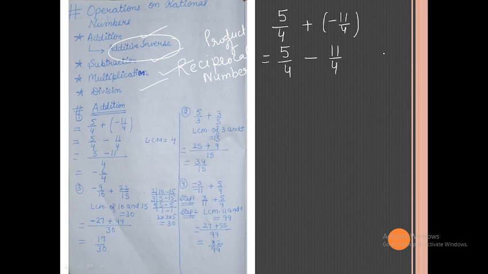You have to keep in mind these sign points: plus times plus is plus, plus times minus is minus, minus times minus is plus. And in all cases here we take the plus sign, here we take the greater value's sign, here also we take the greater value's sign, here we take the minus sign.